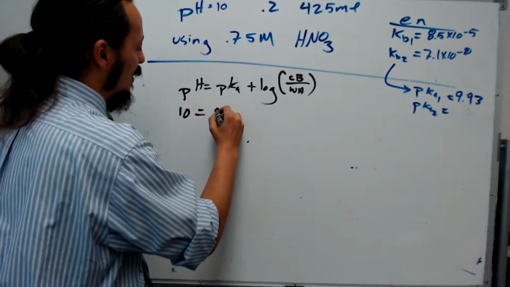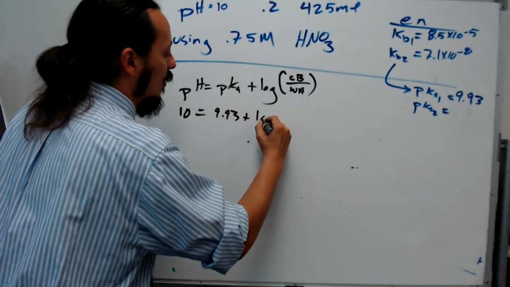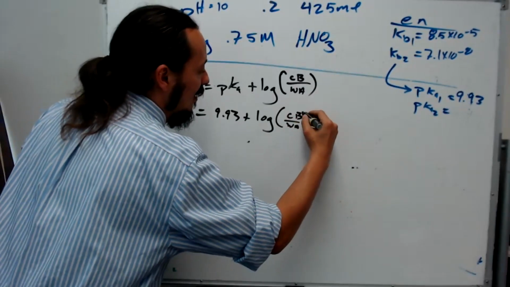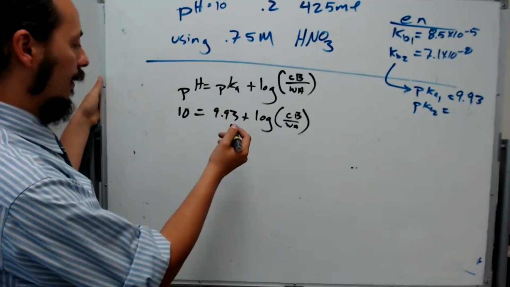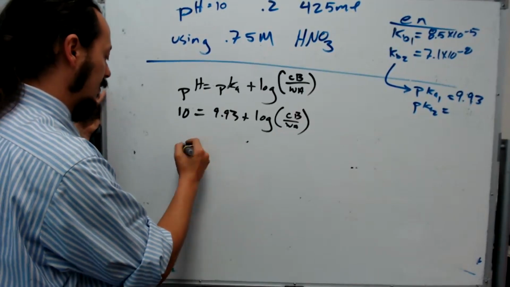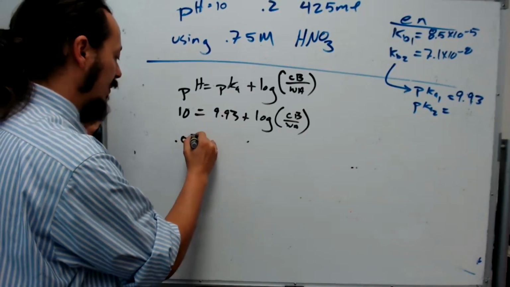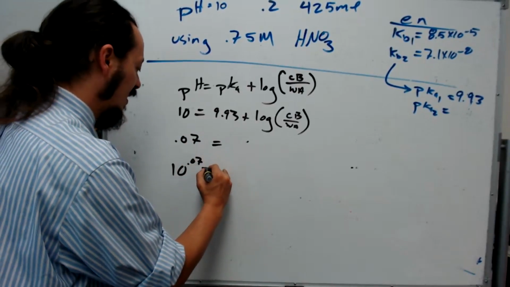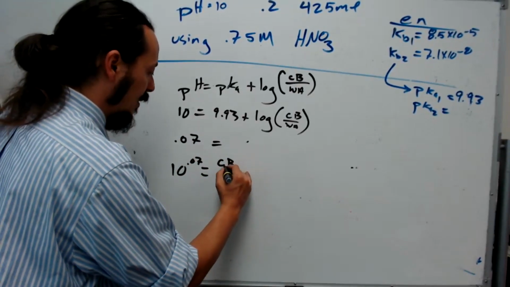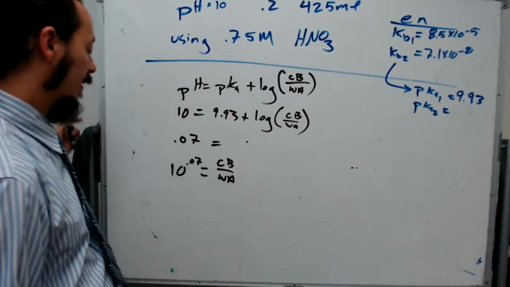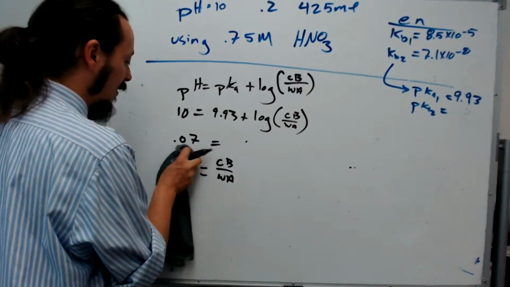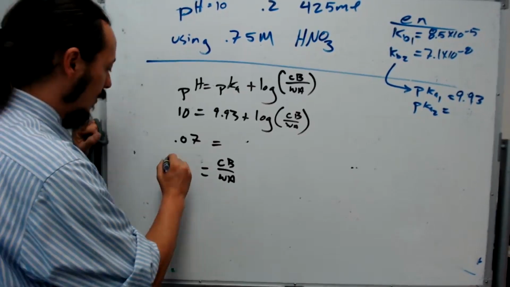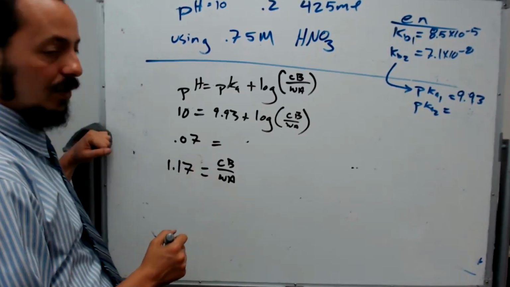10 equals 9.93 plus log of conjugate base over weak acid. You're going to get 0.07 equals log of that ratio, so 10 to the power of 0.07 is equal to conjugate base over weak acid. 10 to the power of 0.07 is something like 1.17.